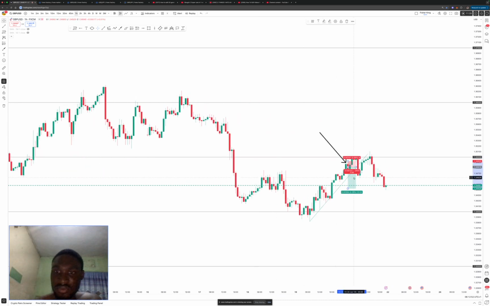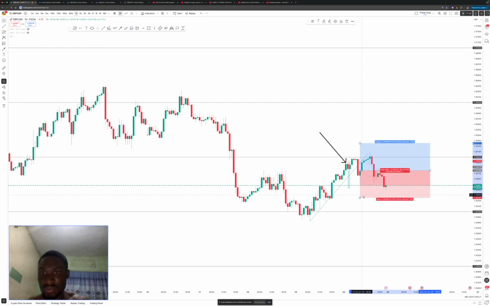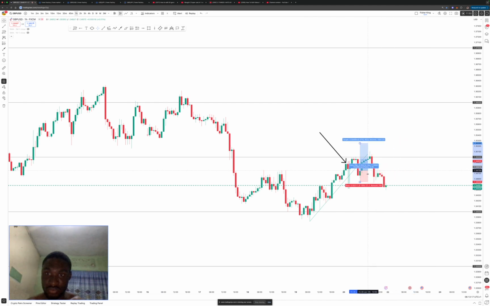Let me just shrink this a bit. When the market was here, I was like, this would have been a good area to buy, with the stop loss perhaps below the low.